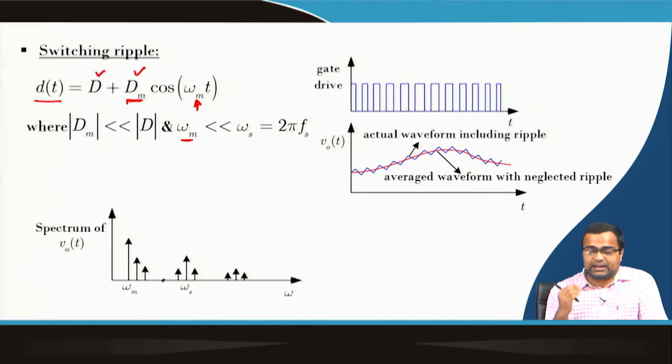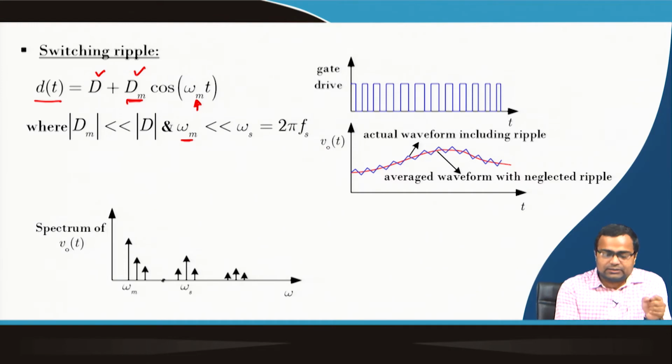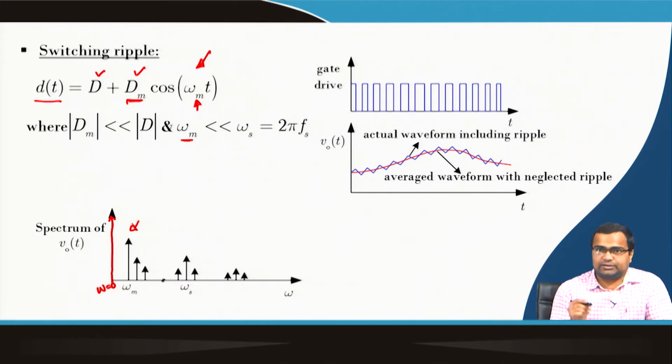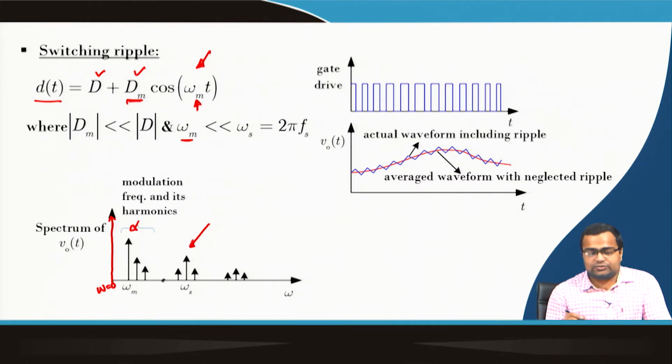And we know if we take the spectrum of the output voltage, then we will get a DC component at 0 frequency, which gives the average value of the DC voltage. Since we are exciting the duty ratio with a modulating frequency, we will get a side lobe at omega m and also its harmonics.